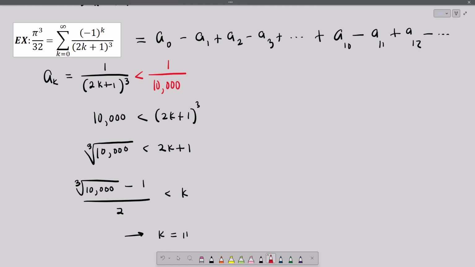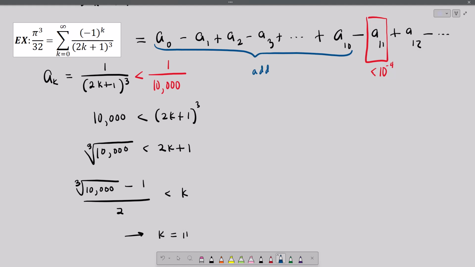So when k is 11, we're looking at this piece, not including the minus sign, this is less than 10 to the negative 4. So that tells us that we want to add everything in front of it. So we're going to add those. And how many terms is that? 11 terms.